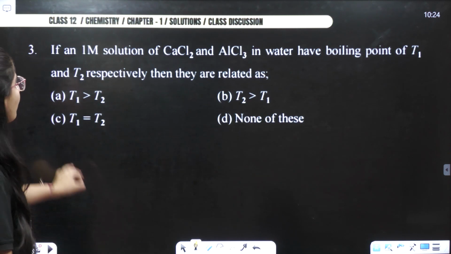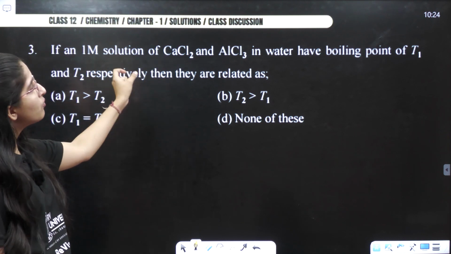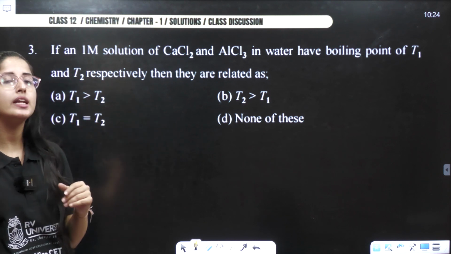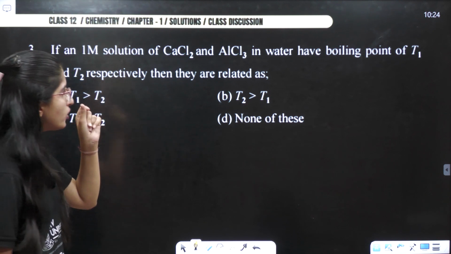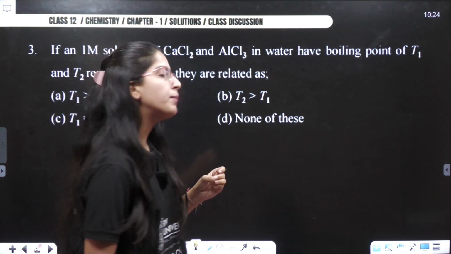Next question. If 1 molar calcium chloride and aluminium chloride in water have boiling points T1 and T2 respectively, then how are they related? When you talk about boiling point, it depends upon your solute, correct?